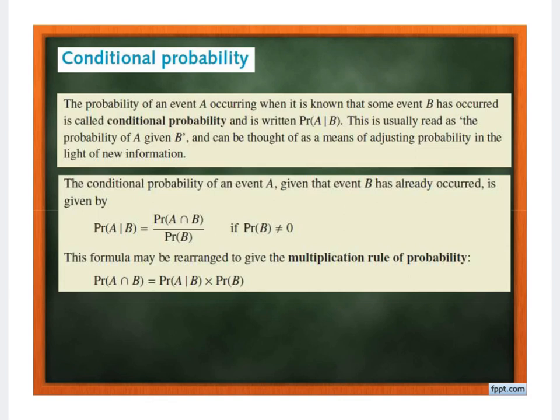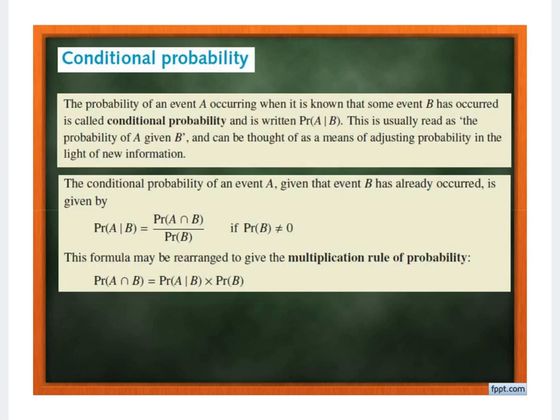The probability of event A occurring when it is known that some event B has occurred is called conditional probability. It's written P(A given B), and can be thought of as a means of adjusting probability in the light of new information.